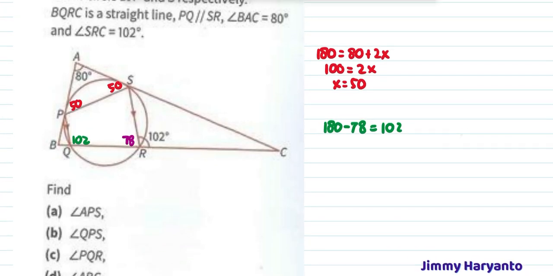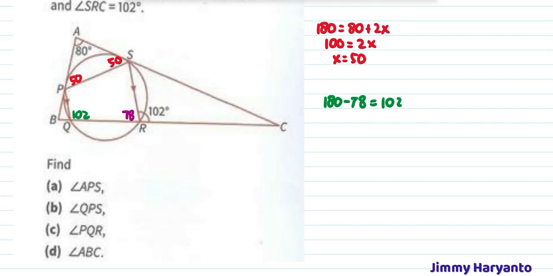The question wants you to find APS. We already have APS, which is 50. QPS. Okay, QPS. How to find QPS, guys? QPS is this one.